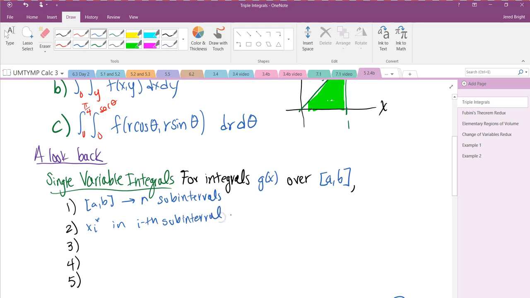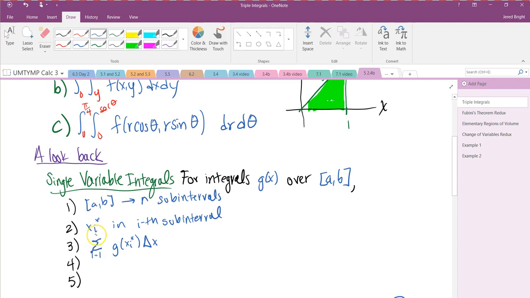All right, and then with that, we did that for any interval, and then we looked at g of x_i star, so we found the function value at that point, multiplied by the width of the interval, because presumably all the intervals were the same, and then we took the sum over all possible i's.